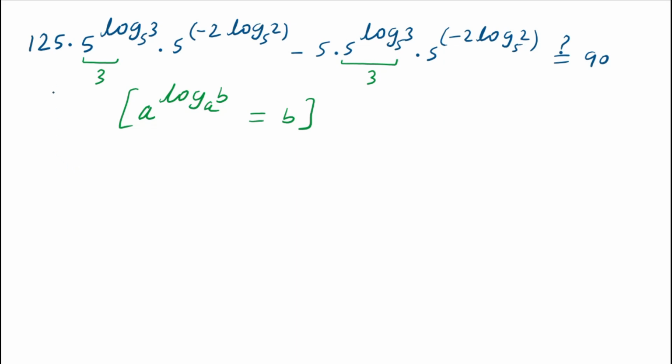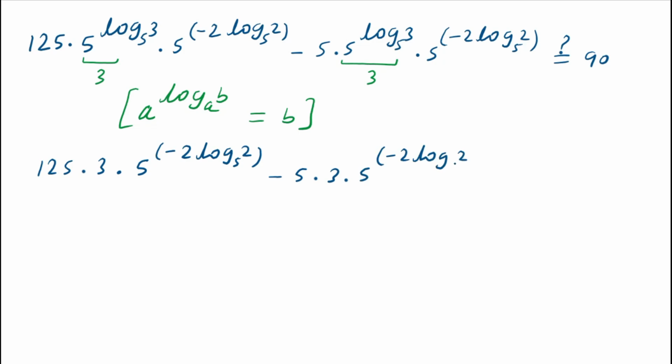So on the left hand side, 125 times 3 times 5 power minus 2 times log 2 with base 5, minus 5 times 3 times 5 power minus 2 times log 2 with base 5, equal to 90.